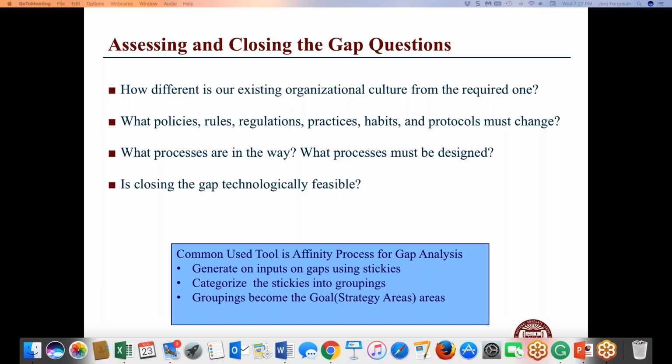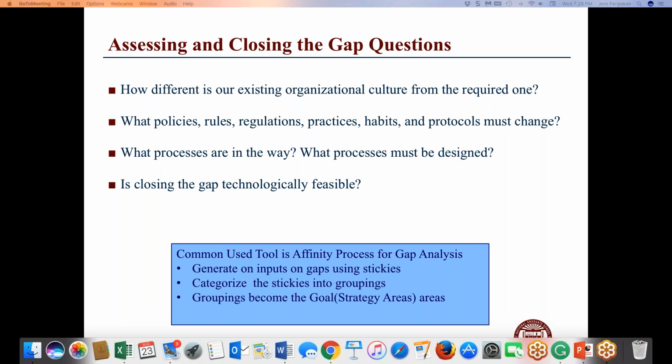Is closing the gap technologically feasible? It's one thing if your leadership says, I want to go to the moon, and I want to be the first civilian company to do so, and to set up a colony on the moon. But then when you do your assessment as a management team, and you look at the things that you can and cannot achieve, you have to ask yourself, is that technological gap feasible?